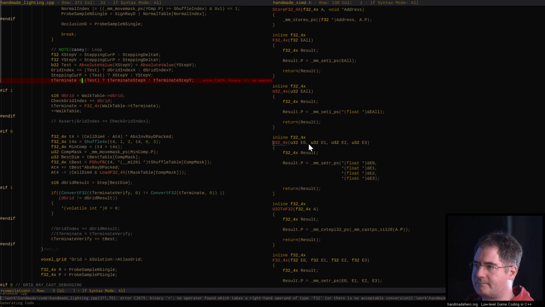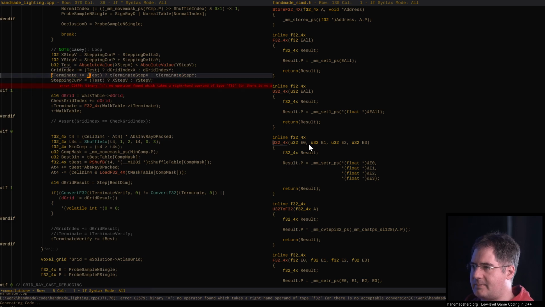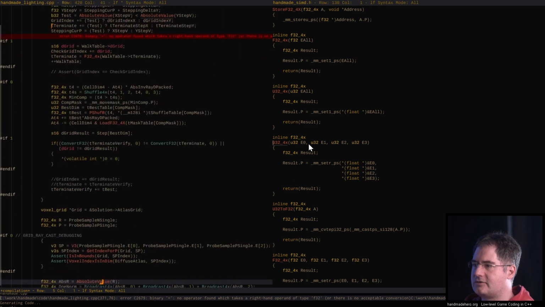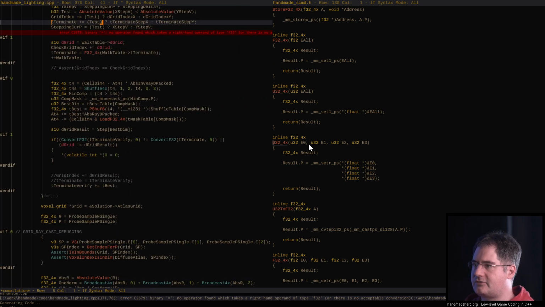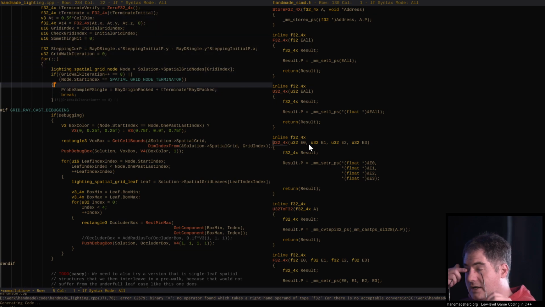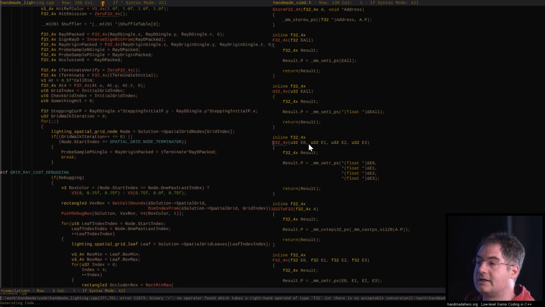So anyway, when you do T terminate, it's just going to do a step, and we need those to be things we can add together. Because this wants to be an F32, I don't know that you really want to bother with keeping it as an F32-4X, but for now I'll just do that because that's what it apparently wants.